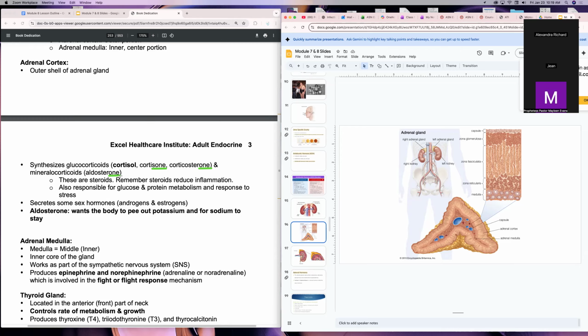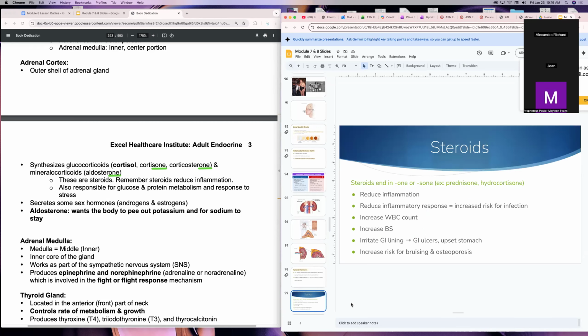Those are all steroids. And remember, you have to get this memorized. Let me put this slide up for you. Steroids end in "-one" or "-sone": prednisone, hydrocortisone. And all steroids reduce inflammation.